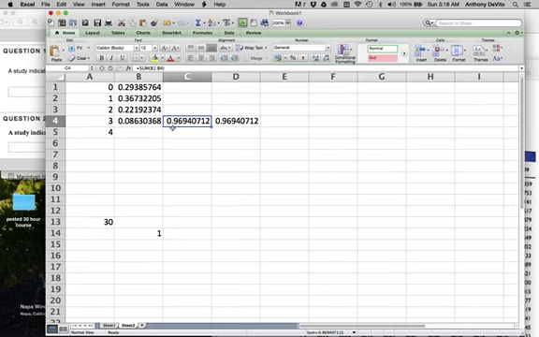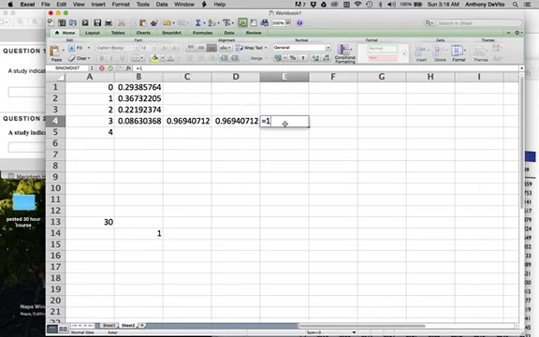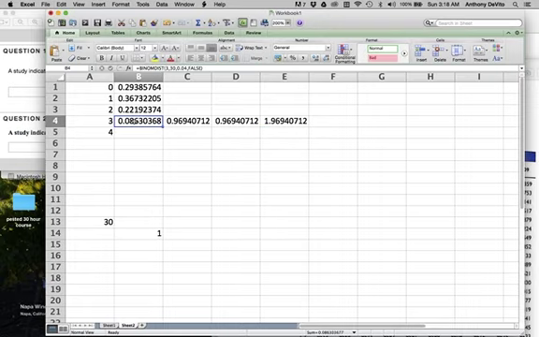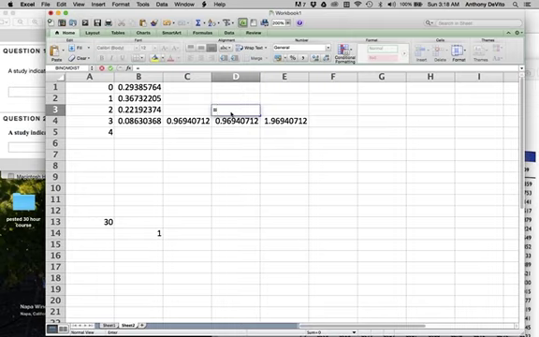Now you could ask yourself, what's the probability of getting more than 3? The probability of getting more than 3 is going to be 1 minus the probability of getting 3 or fewer. This can get a little tricky, though. What's the probability of getting 3 or more? Well, 3 or more would include 3 and above. So what I would want to do here is calculate the probability of getting 2 or fewer and subtract that from 1.